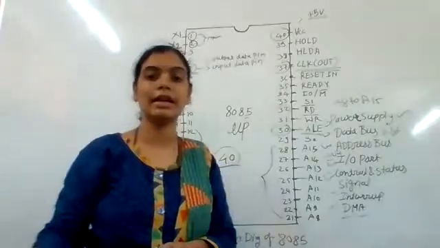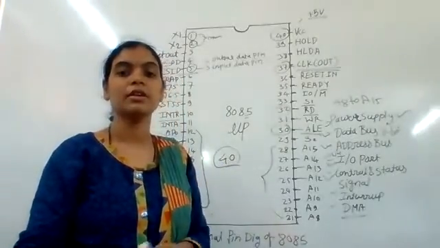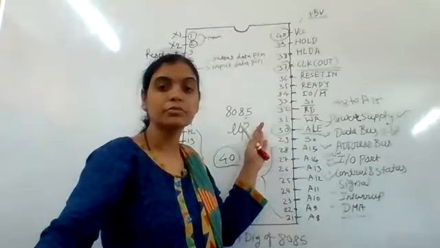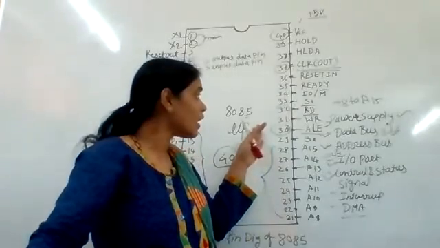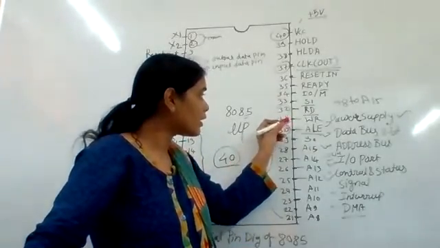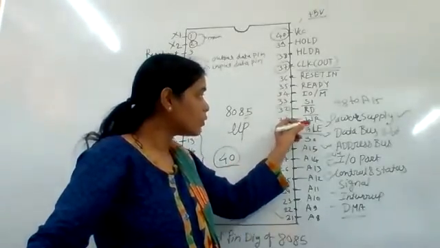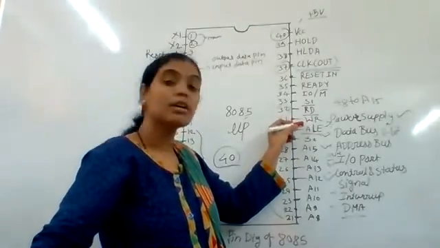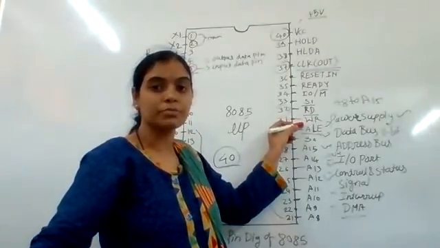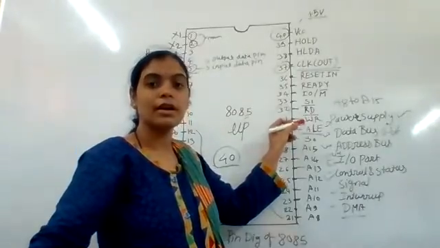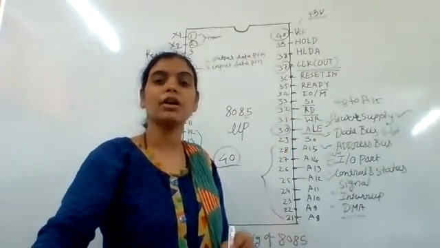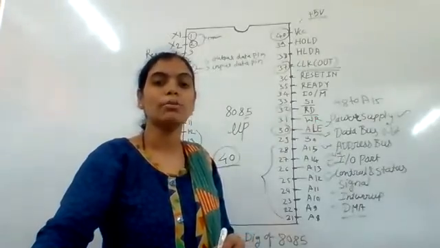This indicates that the data on the data bus is to be written into the desired memory address or IO device by the processor.